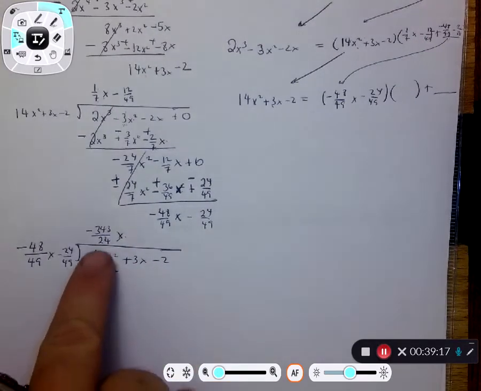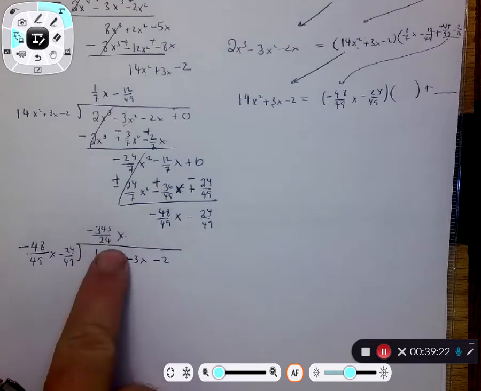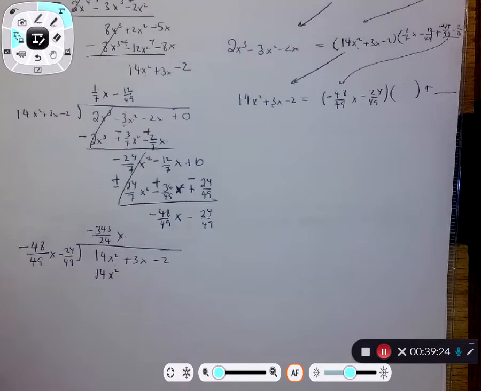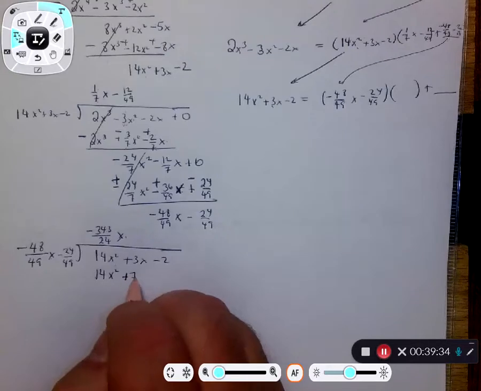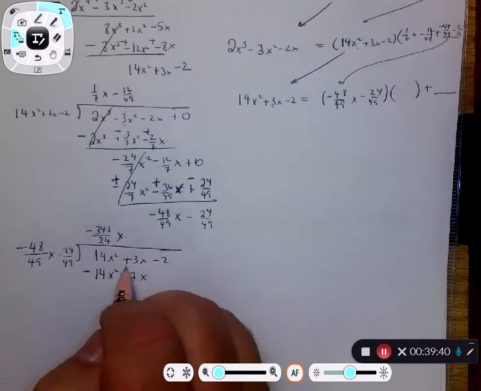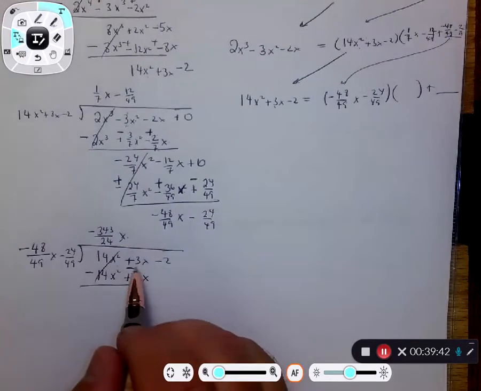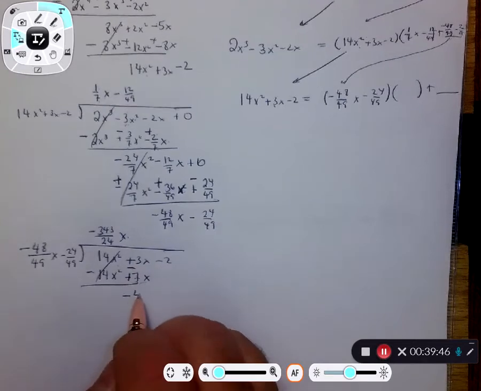And now the negative 343/24 times x times a negative 24/49 ends up giving you 7. That's nice. That becomes plus 7x. Now I'm going to subtract, which will change my signs. This becomes a minus, this becomes a minus. First term cancels. I've got plus 3x minus 7x makes it a negative 4x.